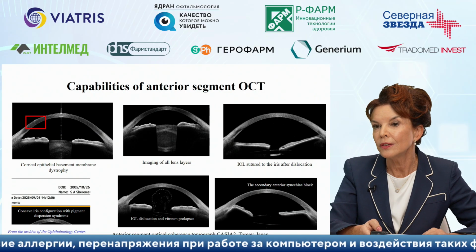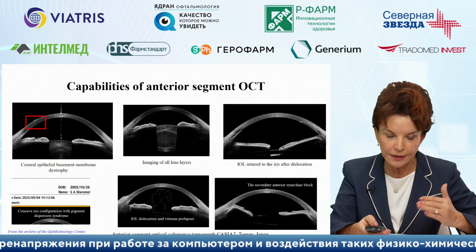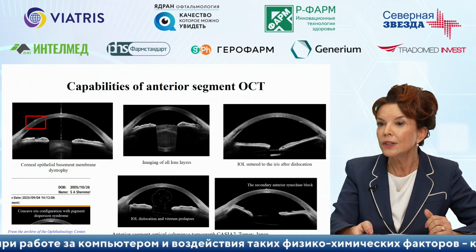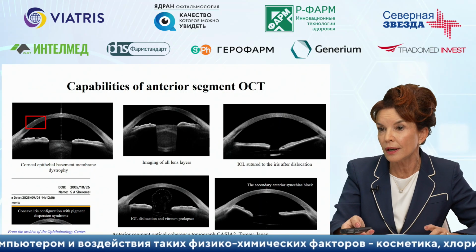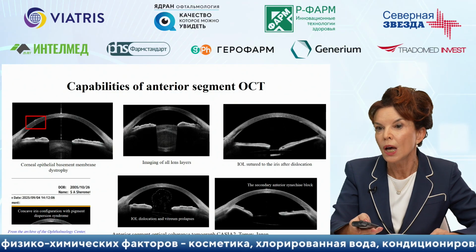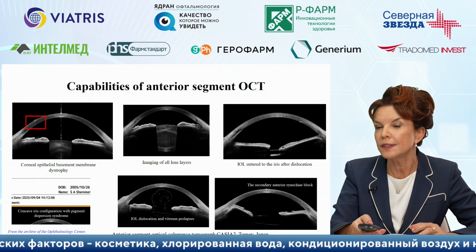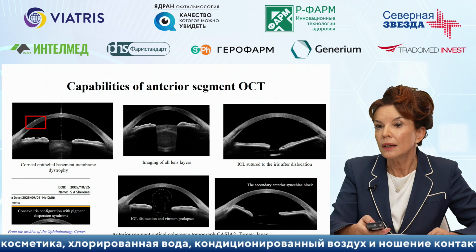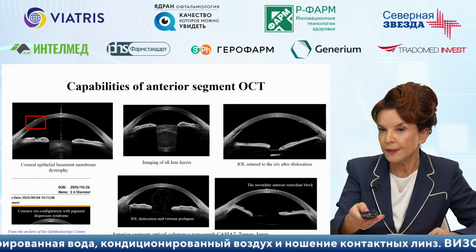You can see the basal membrane dystrophy. The epithelium is very well visualized. Well, the lens, you can see complications in cataract surgery, as you can see here.